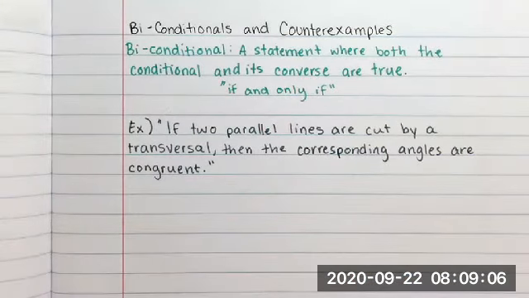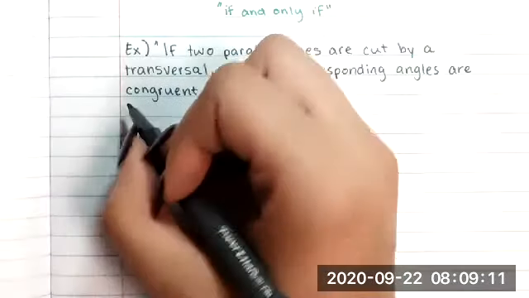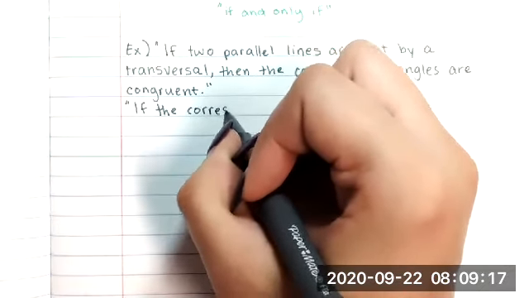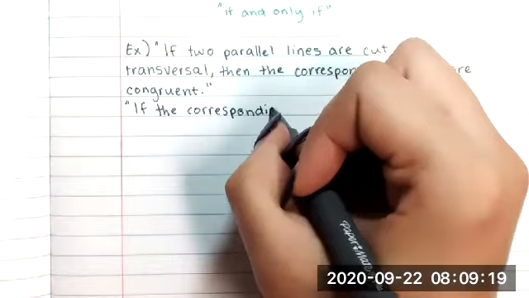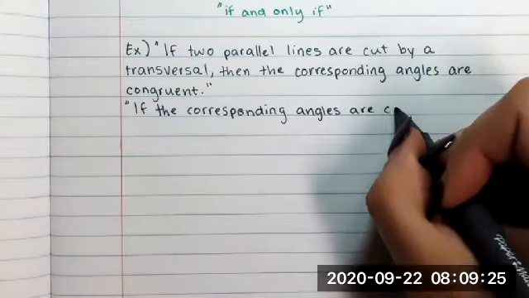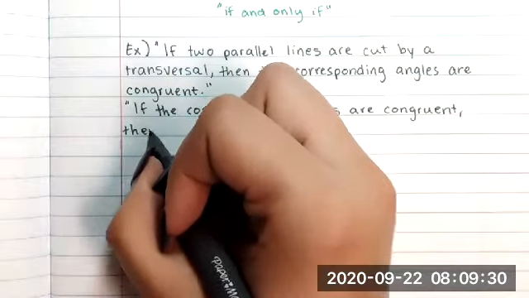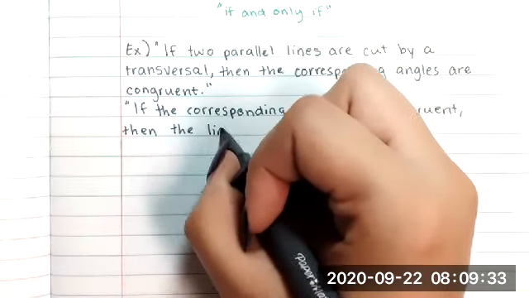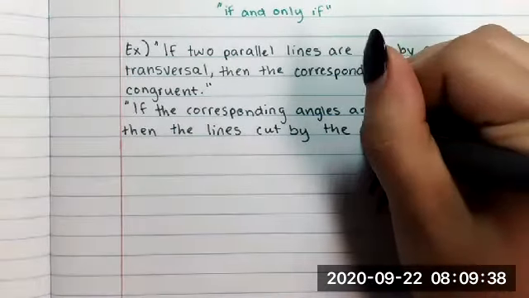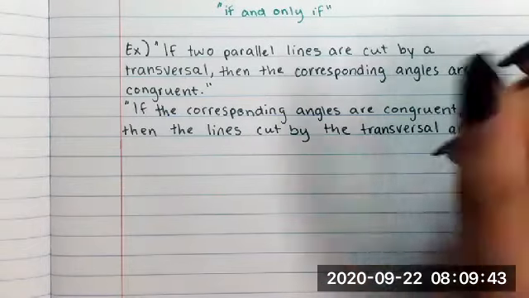But if I flip it around to the converse, such as if the corresponding angles are congruent, then the lines cut by the transversal are parallel.